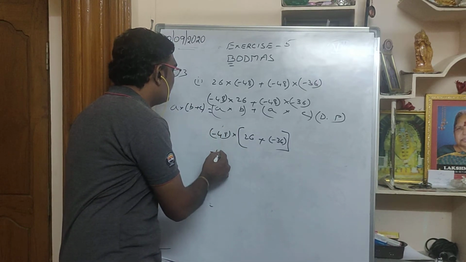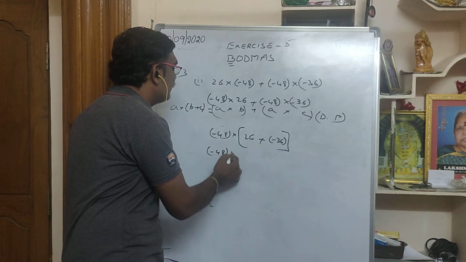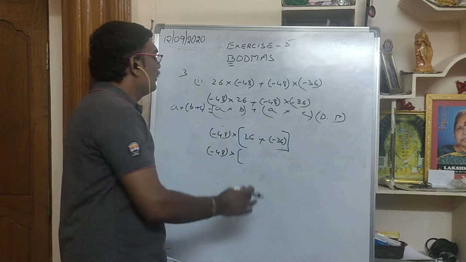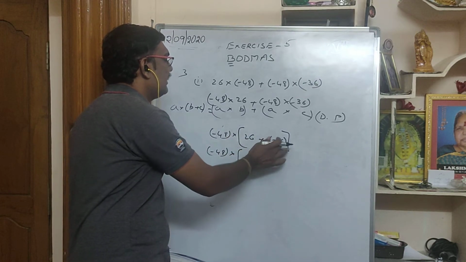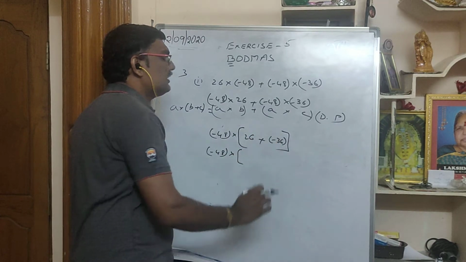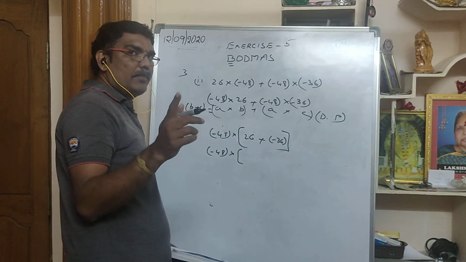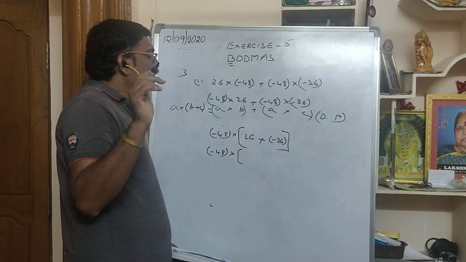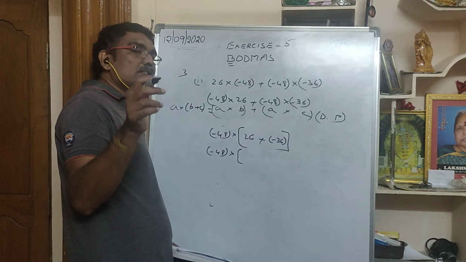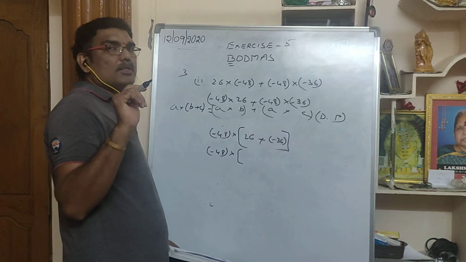Minus 48 into, and then the BODMAS rule. You have to add these two. Before 26 the plus symbol is there, before 36 the minus symbol is there. 26 minus 36. I will give one example: you have 26 rupees in your pocket and you should give 36 rupees to your maths teacher.